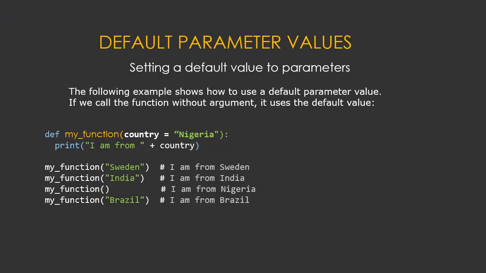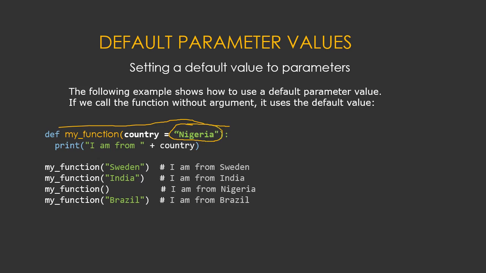Setting a default value to parameters. The following example shows how to use a default parameter value. If we call the function without arguments, it uses the default value. We created a function right over here and we specify a value to this.